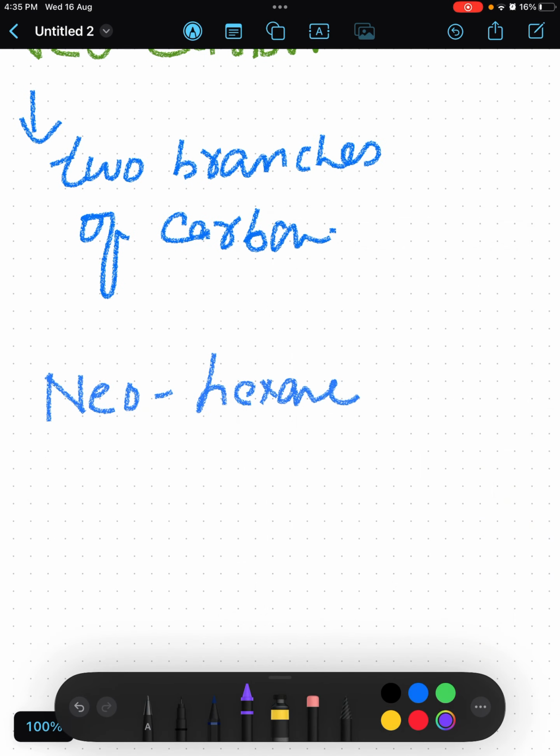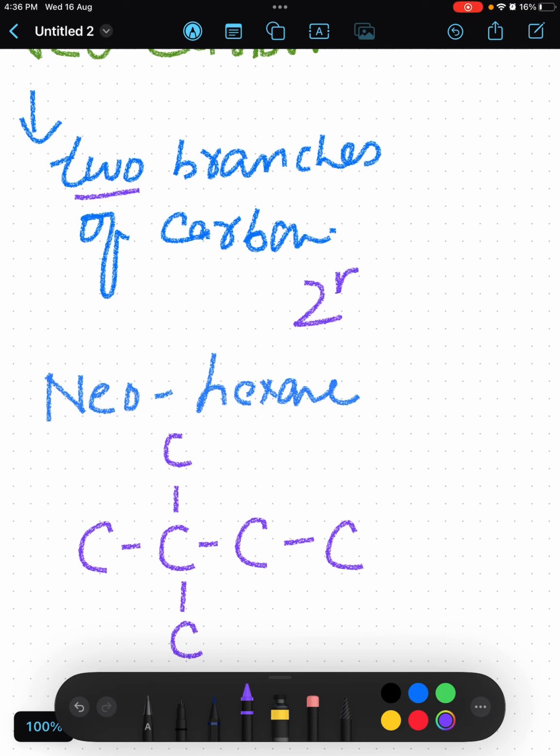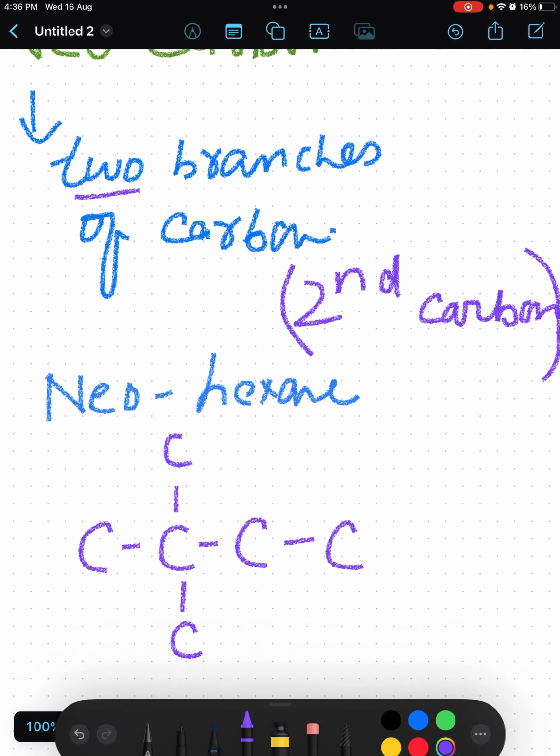You will write 1, 2, 3, 4. In iso we skipped 1 carbon, in neo we'll skip 2 carbons, right? And we'll put these 2 more carbons on the second carbon, right? So this is neohexane.